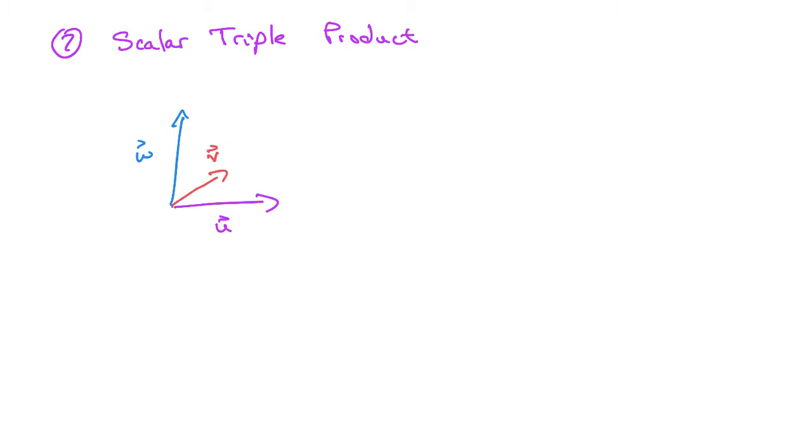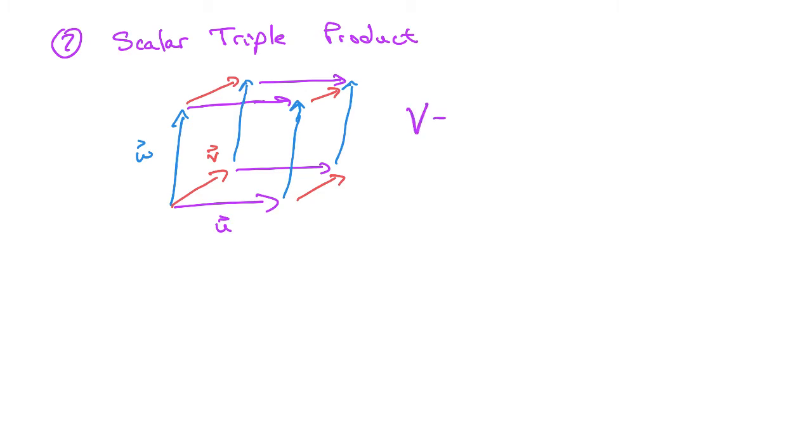Well, if we form a three-dimensional object from these three vectors, we get a geometric object called a parallelepiped. The significance of this geometric object is that the volume of this parallelepiped is going to be the scalar triple product of w dotted with u cross v.